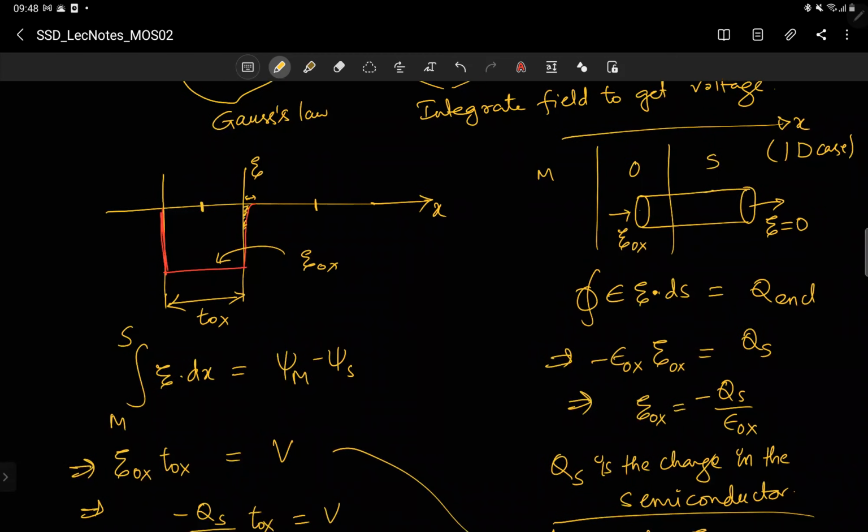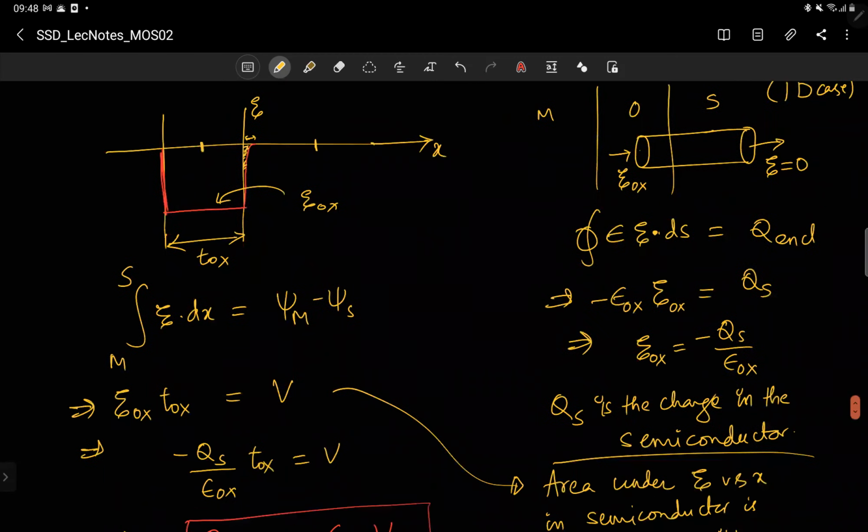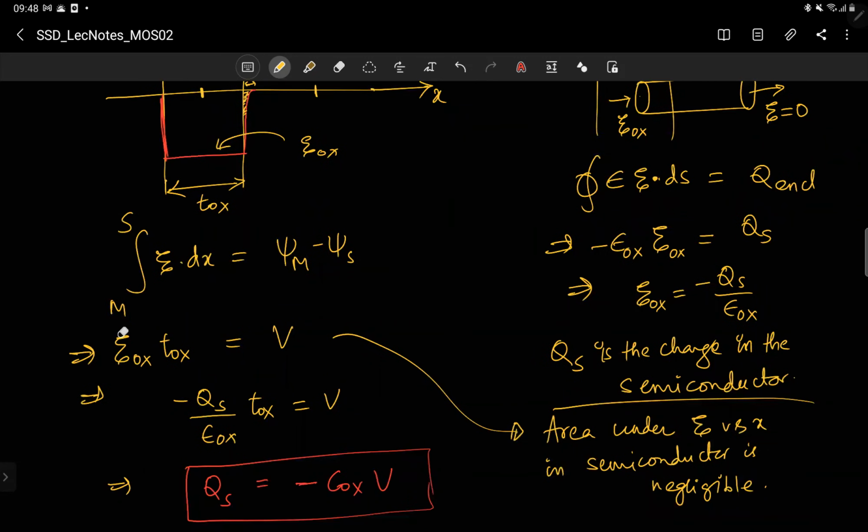Clearly the area under E versus X in the semiconductor is negligible. That is why we have only the area of electric field in the oxide alone. So the integral equals V, because psi m minus psi s, the potential difference between metal and semiconductor, is the applied voltage V.